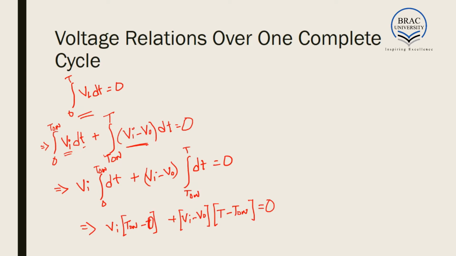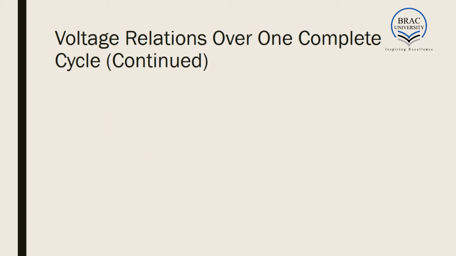We can modify this equation, we can multiply these and get VI t on plus VI T minus VI t on minus V output T plus V output t on is equal to 0.